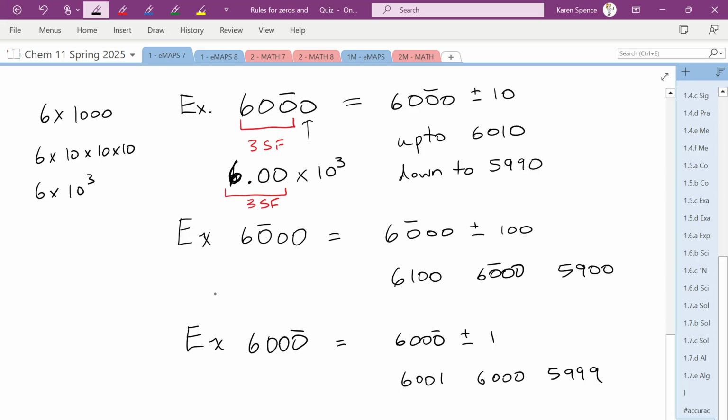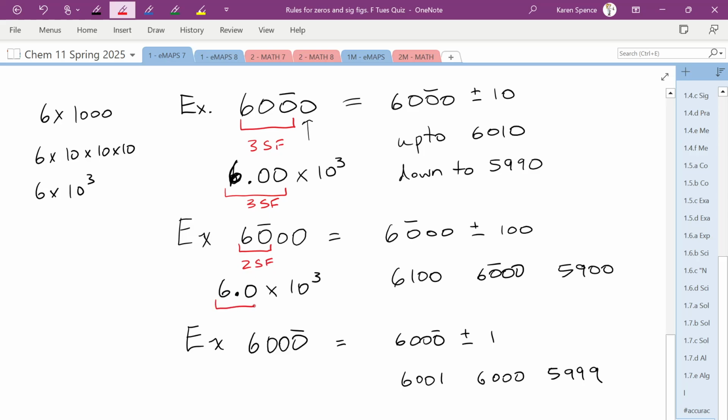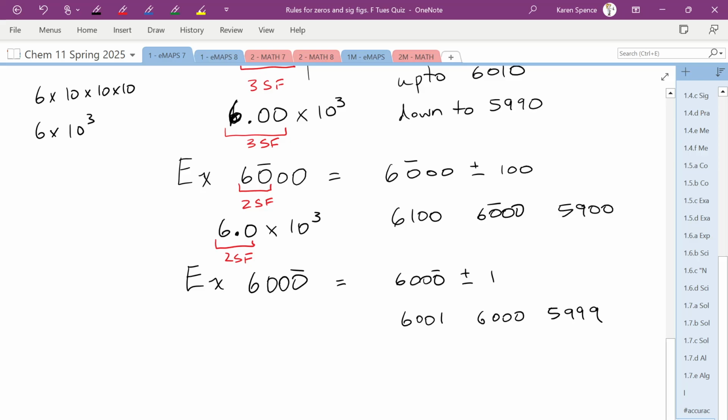The second one would be 6.0 times 10 to the 3. Okay, 2 sig figs. And then our last one, you could write it as 6.000 times 10 to the 3.